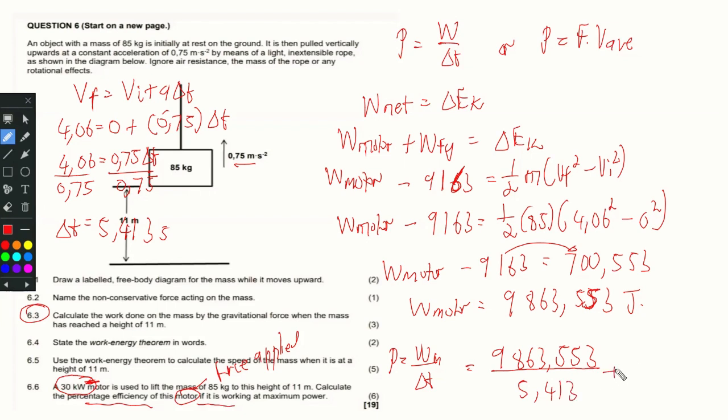And then therefore our power becomes what? Let's see, 9,863.553 divided by 5.413. And then this becomes 1,822.197.